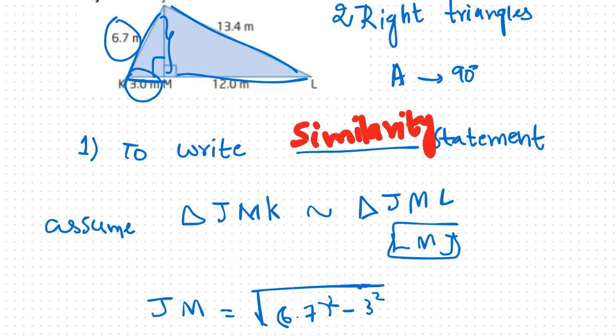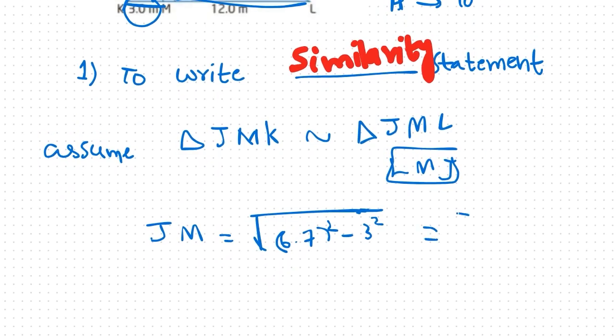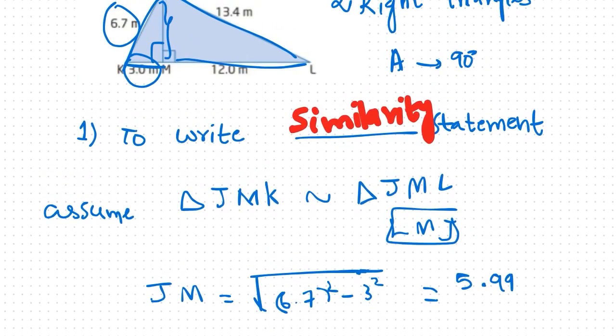JM is 5.99. Why don't we just assume it is 6? Okay, so 6.